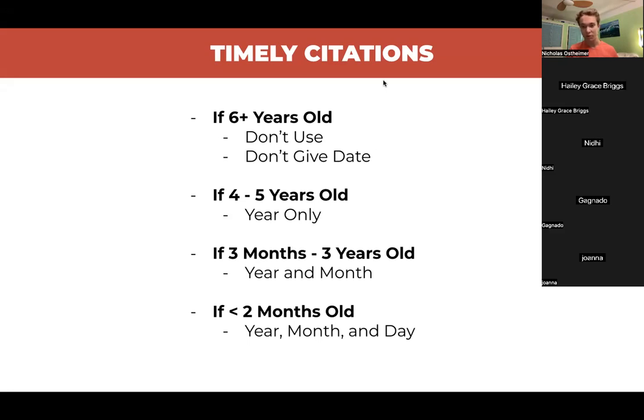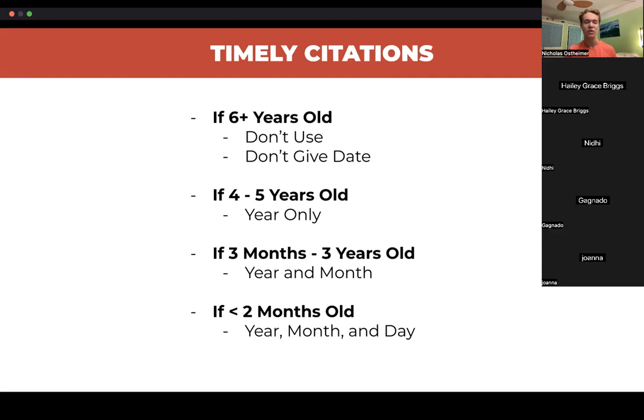If it's 4 to 5 years old, treat it with caution. 3 months to 3 years old is fine. And if it's less than 2 months old, that's fantastic. Try to emphasize it. I really love having evidence from like the past month or the past week. So I can say yesterday, the Washington Times wrote on September 19th, 2023. And the judges are like, wow, he found evidence from yesterday. It counts for something.